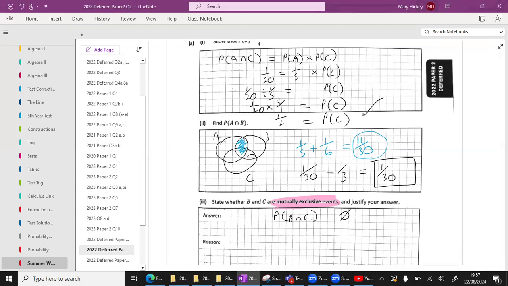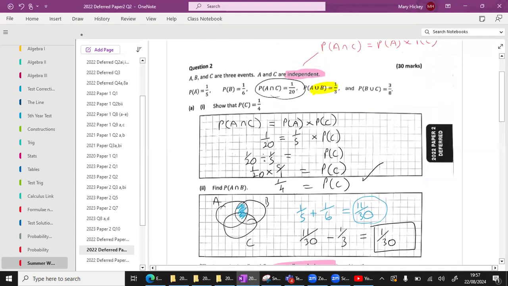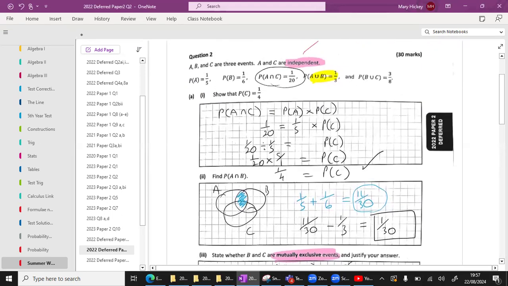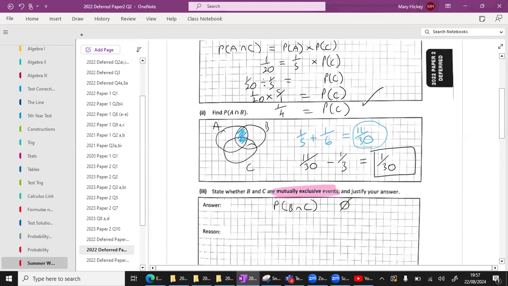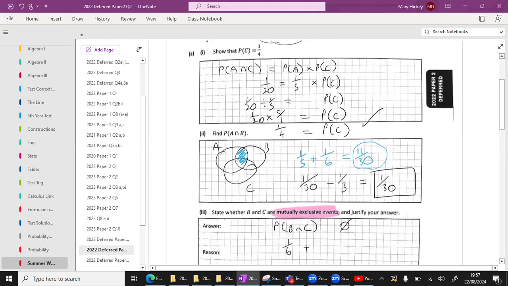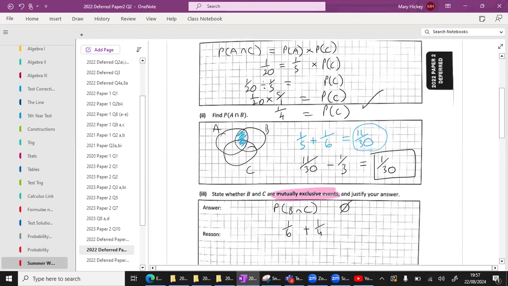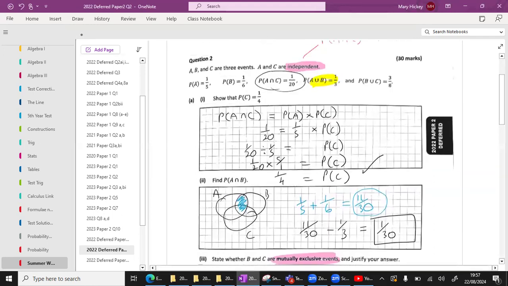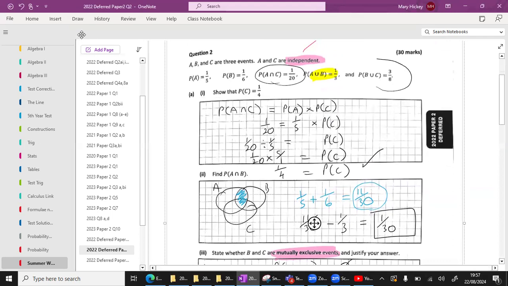It's empty. So I'm going to add together the probability of B, which is 1/6, just like I did in the last question, to the probability of C, which is 1/4. When I add 1/6 plus 1/4, that gives me 5/12. Now, if there is no intersection, and I look back up here, it says B union C is 3/8.